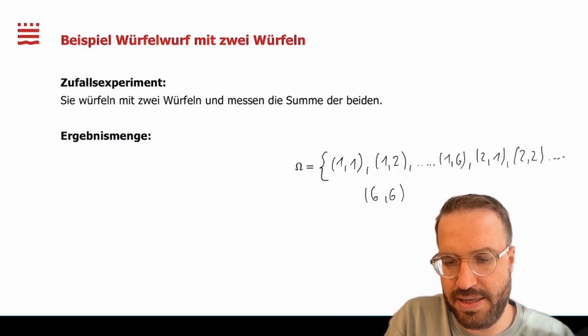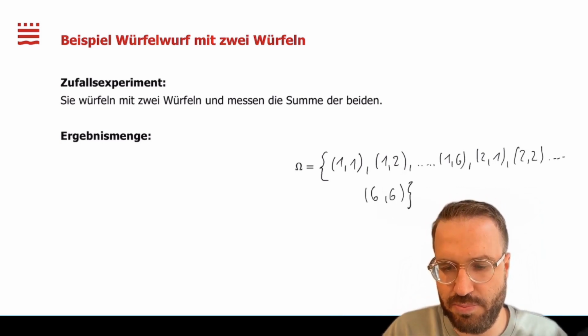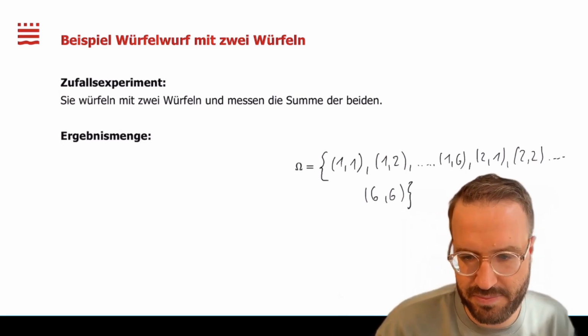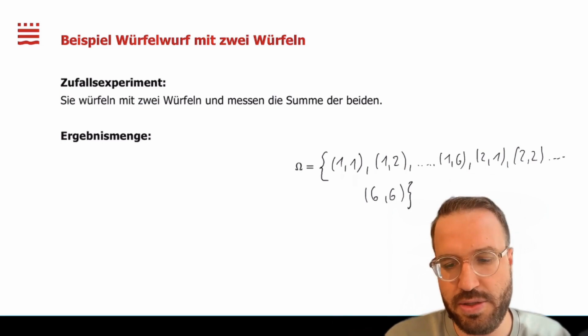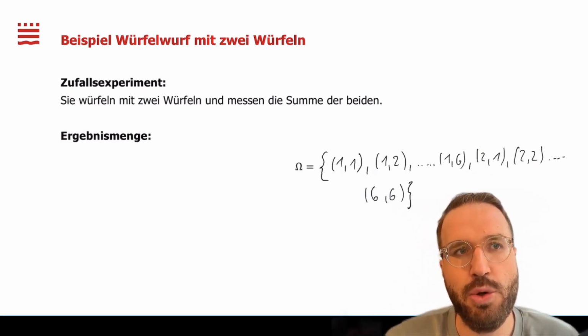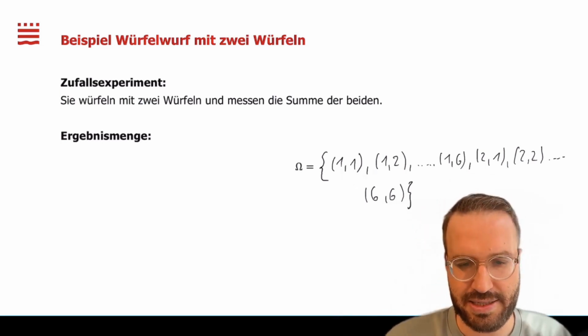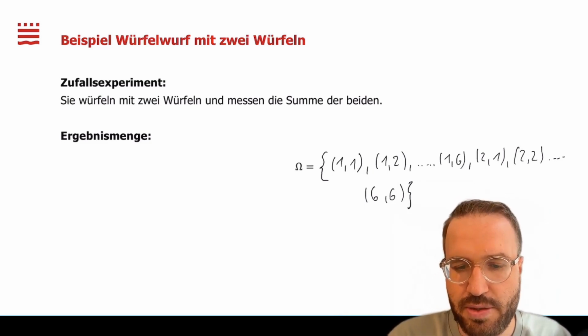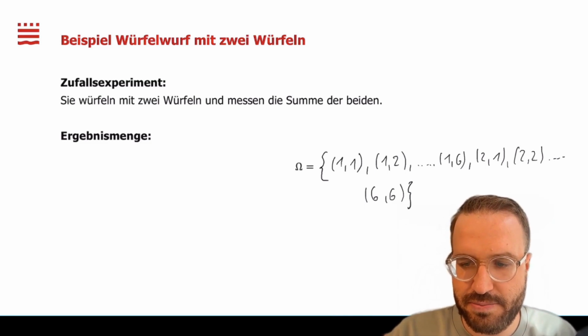Can you briefly consider how many possibilities omega has? There are 6 for the first die, and 6 for the second, so there are 36. And all these variations are equally likely. This makes it easier for us to calculate. So, this is our sample space.